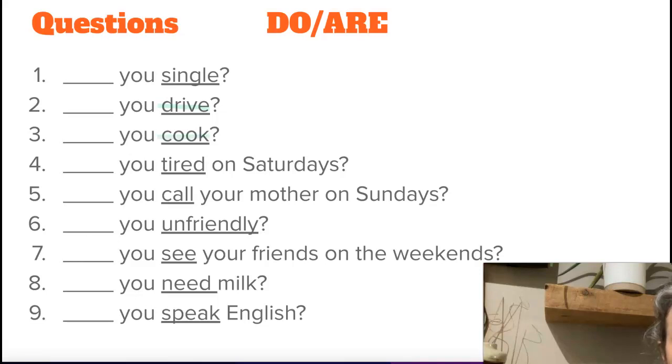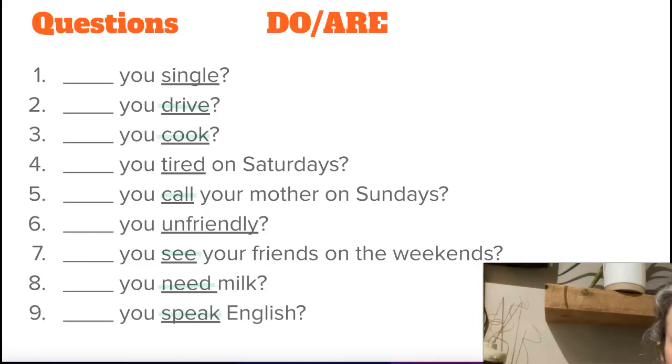Cook is a verb. Tired? Not a verb. Call? That is a verb, an action. Unfriendly? Not a verb. See is a verb. Need is a verb. And speak is a verb.